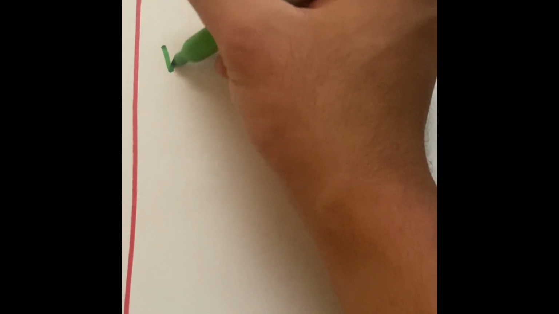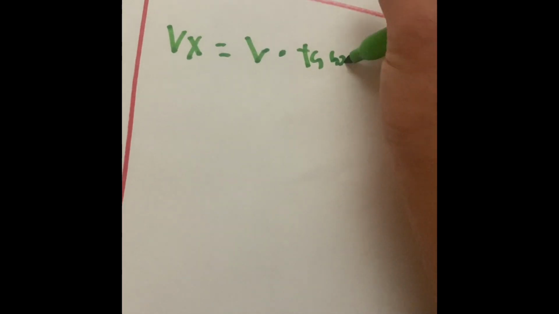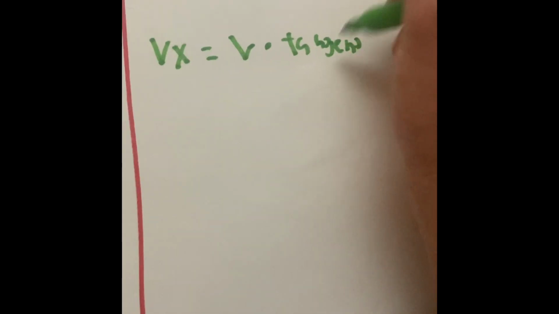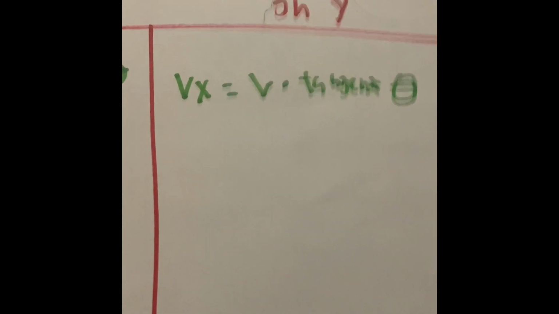For your information on y, your velocity of y is going to equal your velocity times the sine of your theta, your number of degrees.